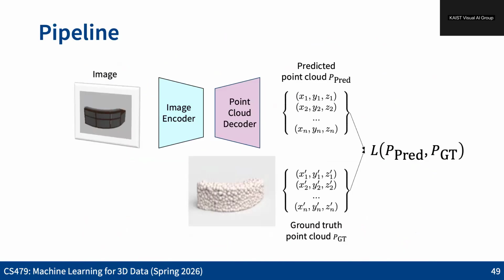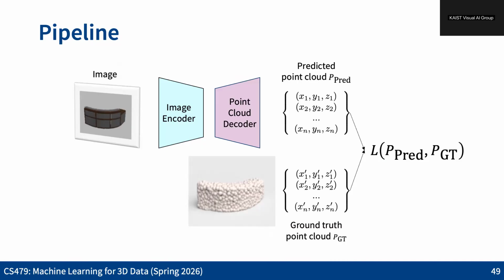But the basic thing is, let's think about some kind of architecture where we are taking something as the input. Let's say here, an image as the input, having the image encoder form the global feature. We are going to make the point cloud decoder in a way that now we have n points as the output.